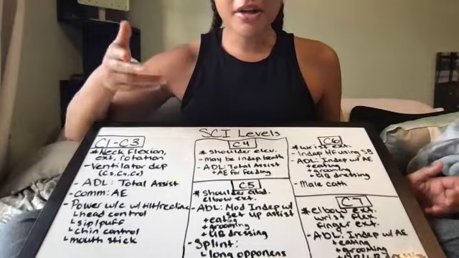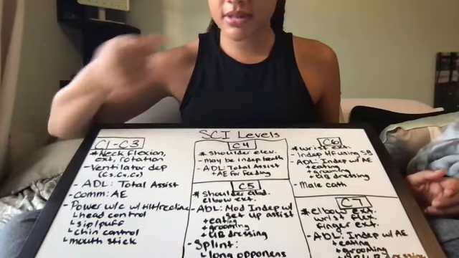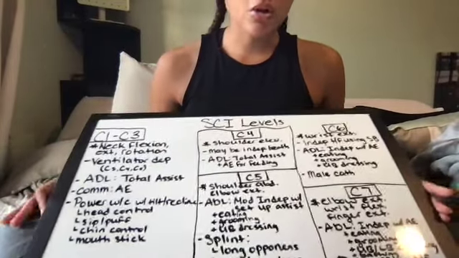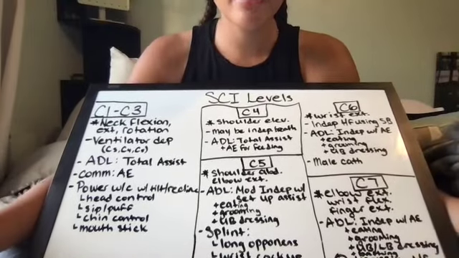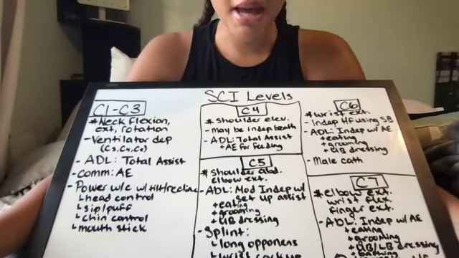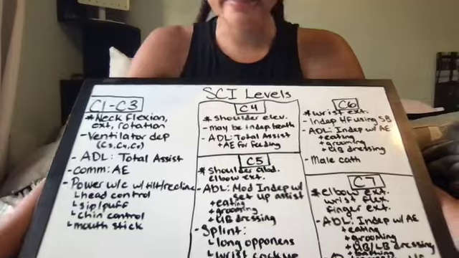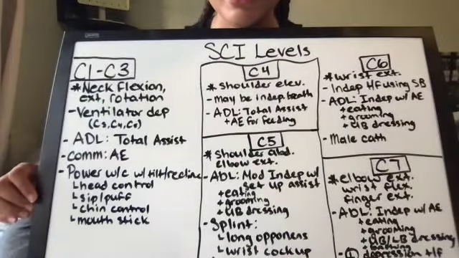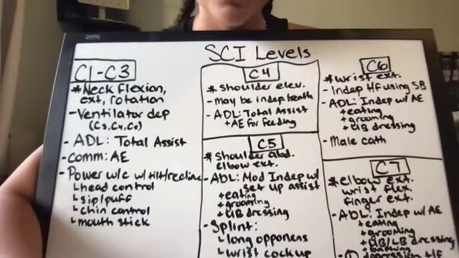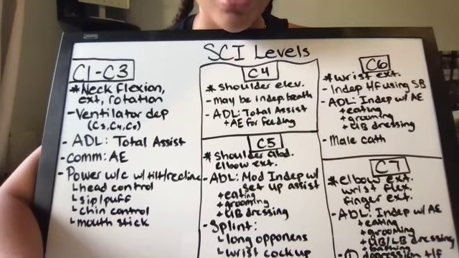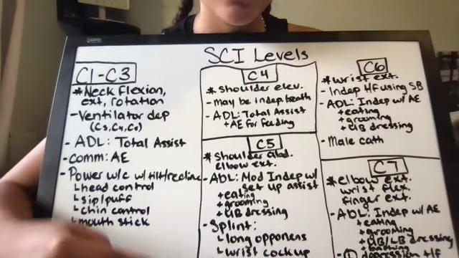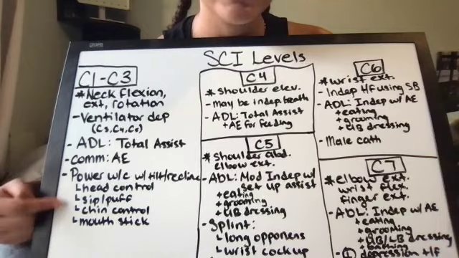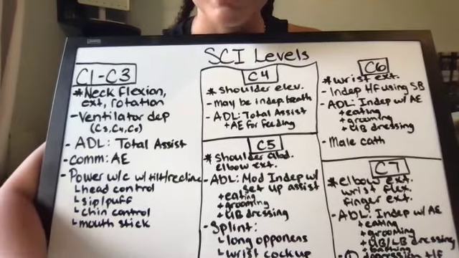They can use a feeder so they don't have to use their arms, it feeds them, or something like a long straw. So these are ways that they can eat with adaptive equipment, though they are going to need setup. Okay, and then just a note, at this point, they are going to be using a power wheelchair still, and it'll be one of these, same as C1 to C3.